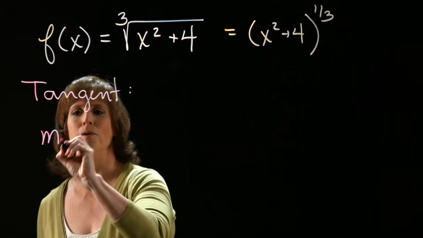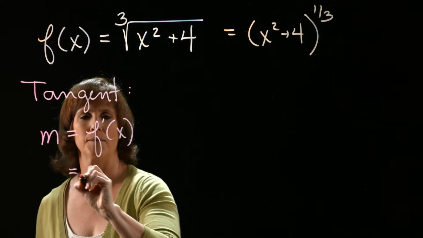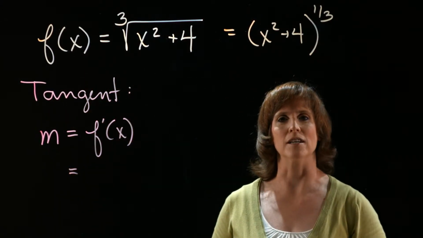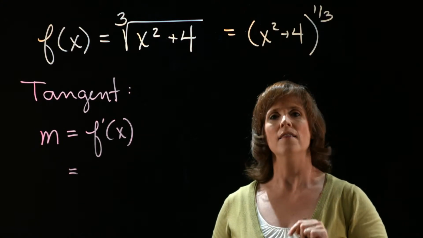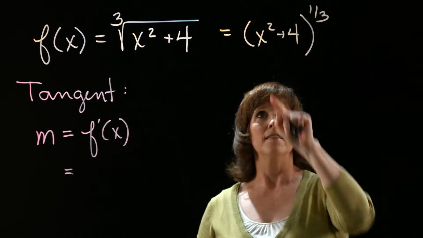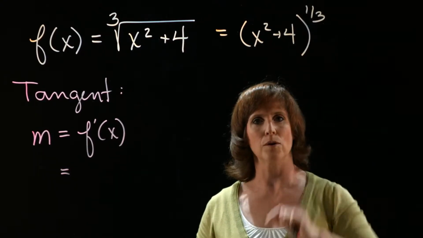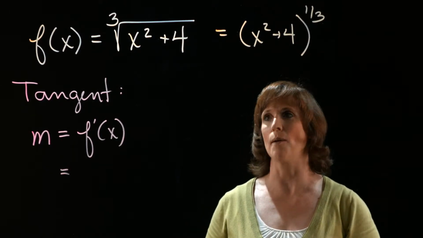So the slope, which is f prime of x, looking at my function, what's the main operation? The main operation is that power 1/3. The square and the adding a 4 are inside. It's the power 1/3 that is the outside operation.